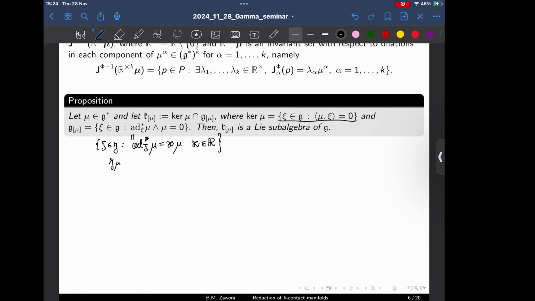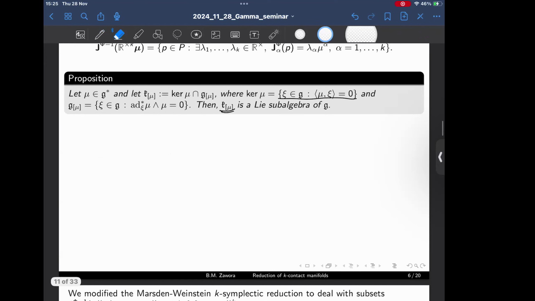We consider something general, and this proposition says that this K mu is a Lie subalgebra of G. Since it is a Lie subalgebra of G, there exists a simply connected group K mu such that this Lie algebra integrates to this subgroup K mu.